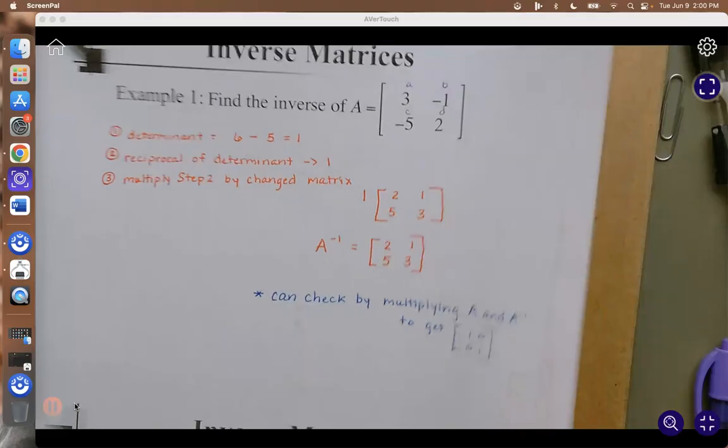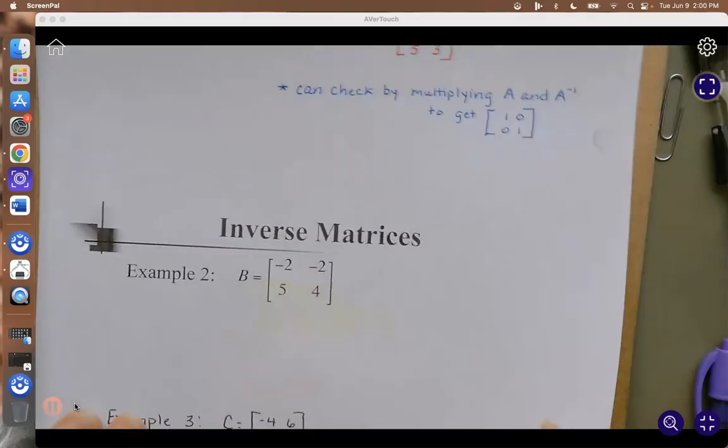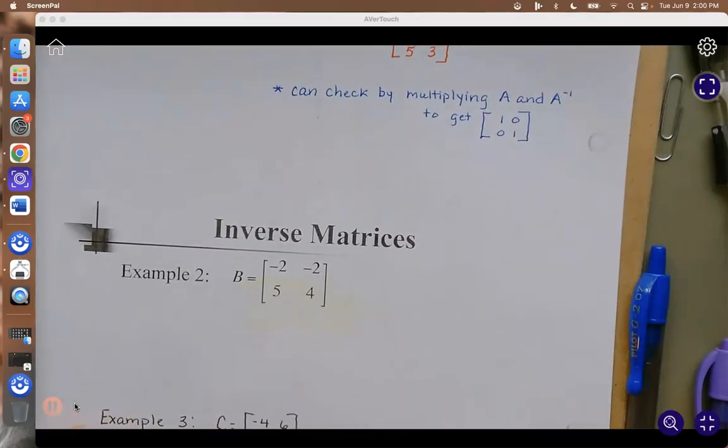Okay. All right, here we go. Let's do another example.